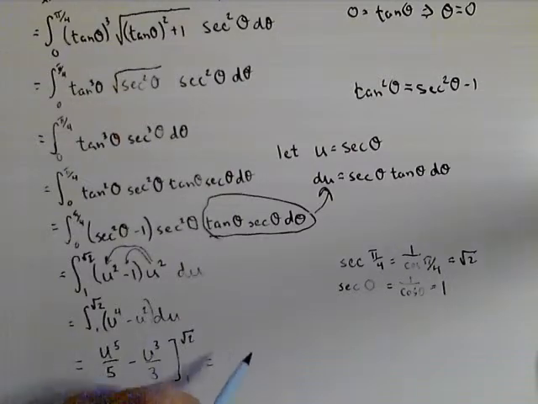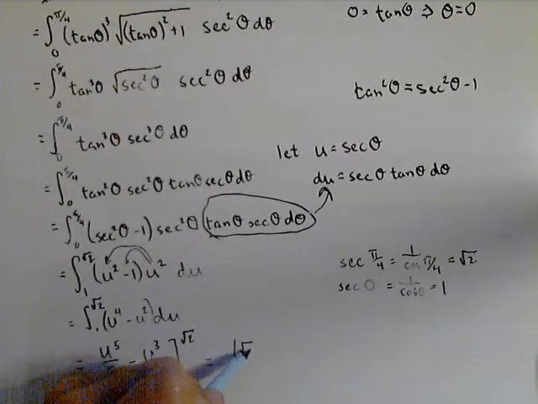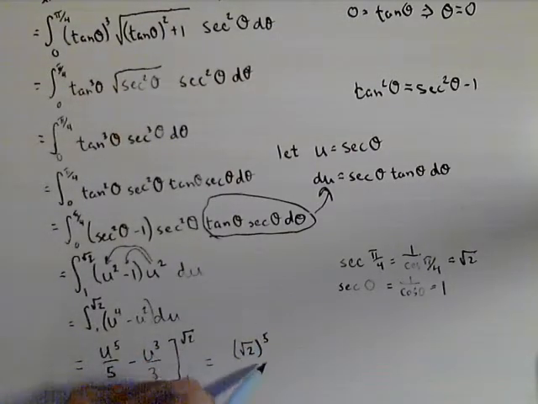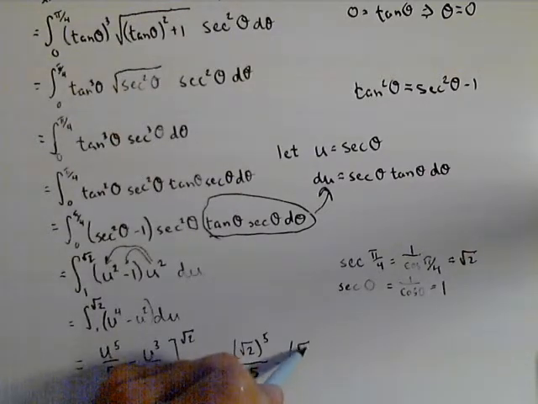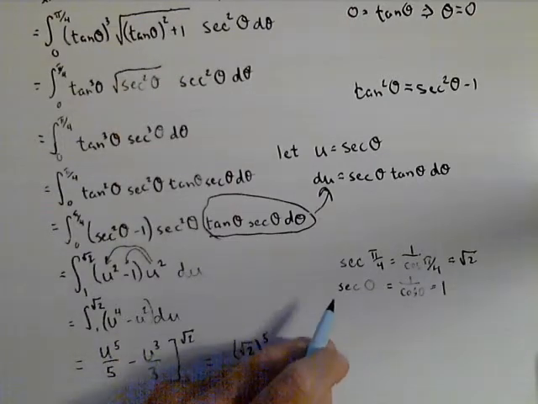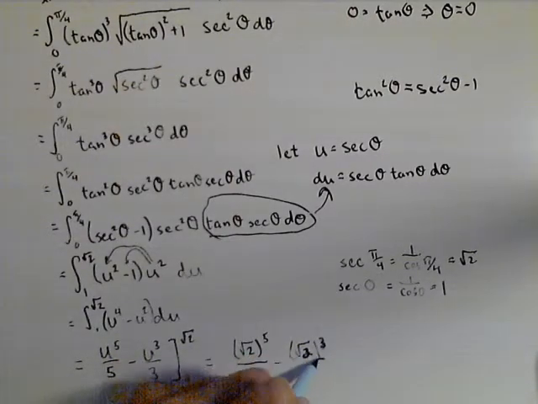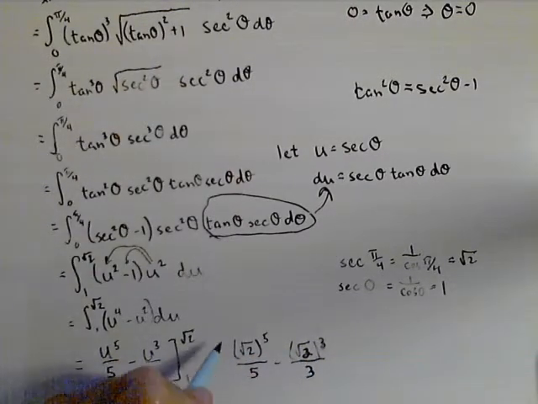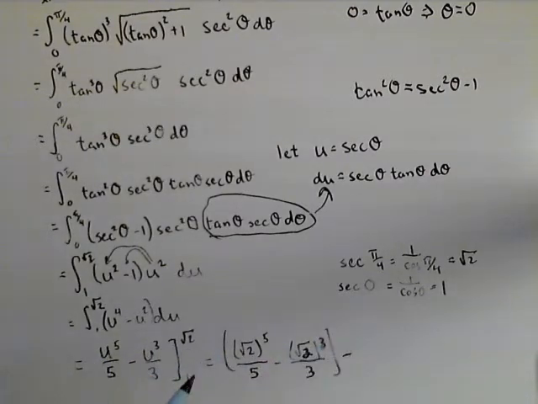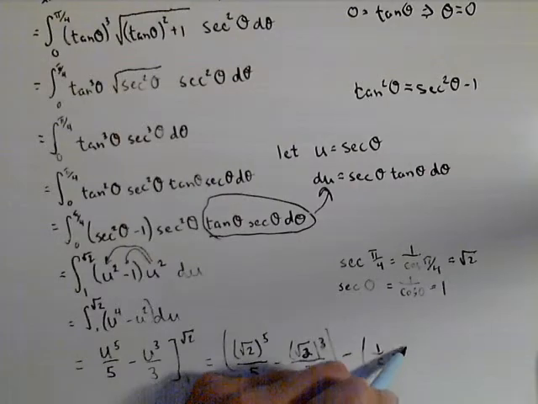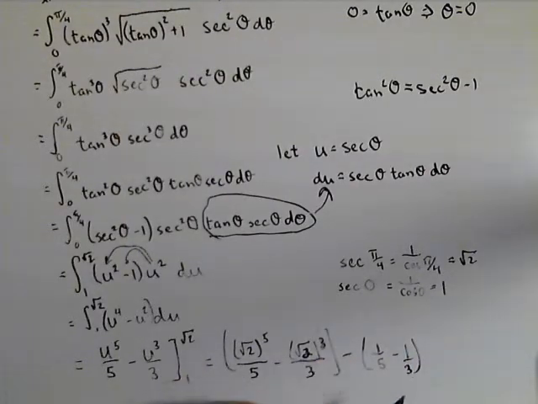So, I've got rad 2 to the 5th over 5 minus rad 2 to the 3rd over 3 minus 1/5 minus 1/3.